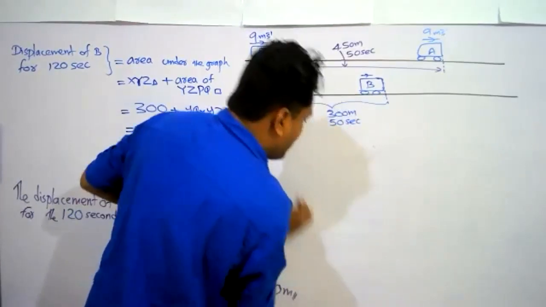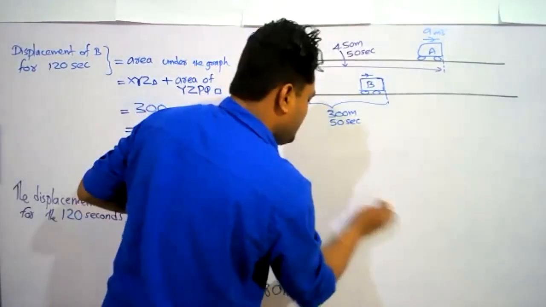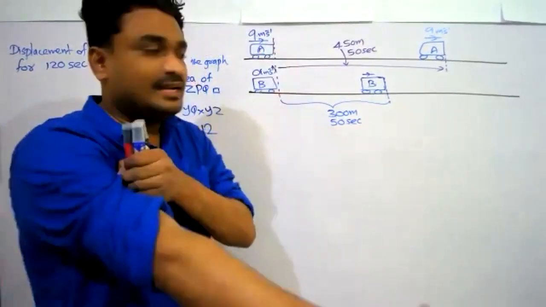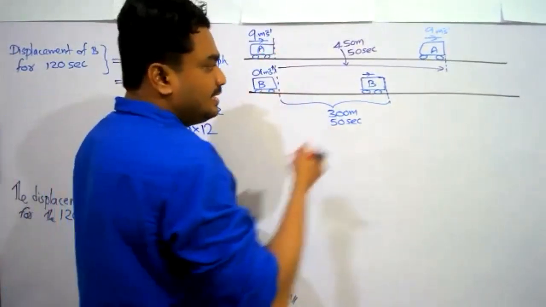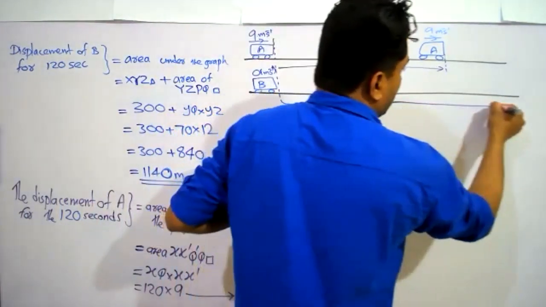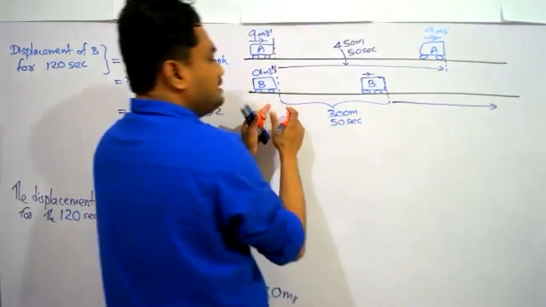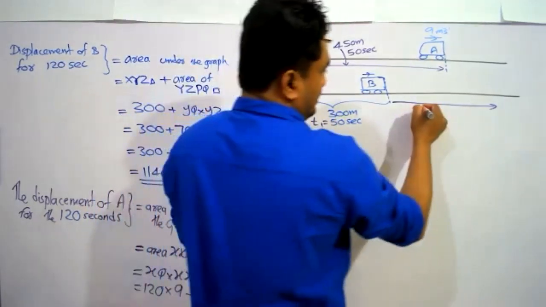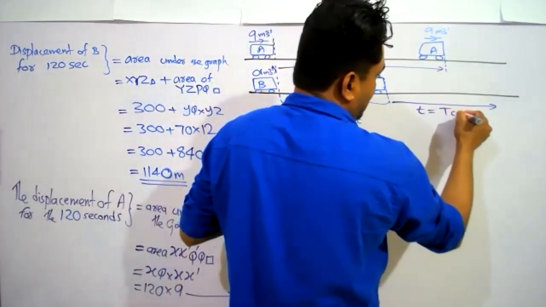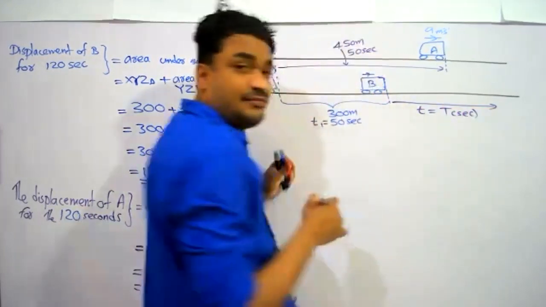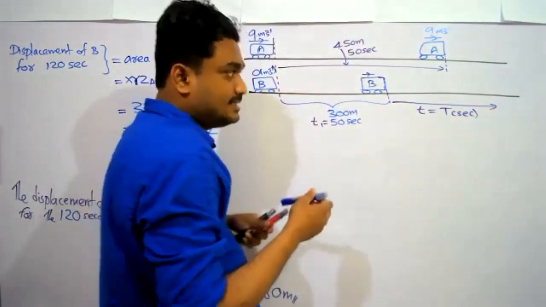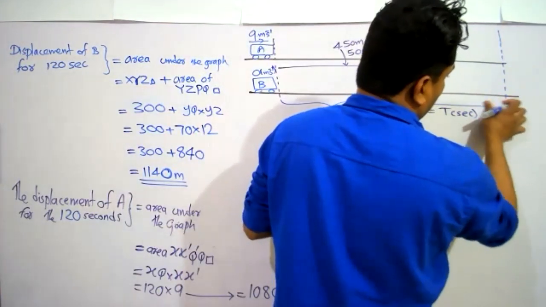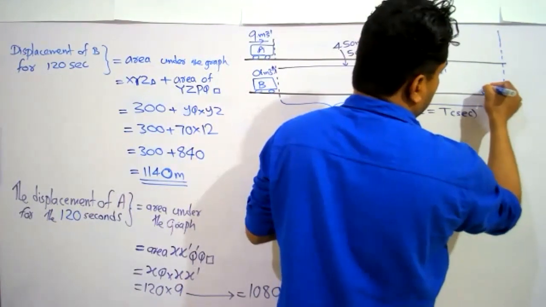B is traveling with an acceleration, therefore the velocity of B increases with time. Let's say after capital T seconds, T1 is 50, T2 is capital T seconds. After capital T seconds, let's say B is here.